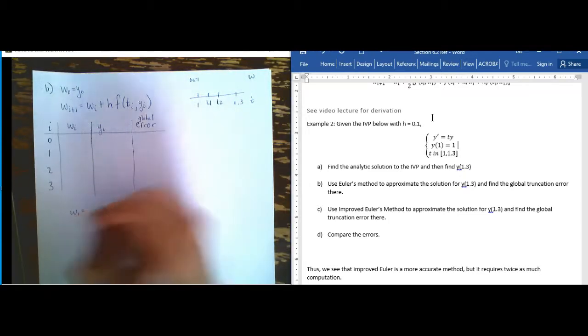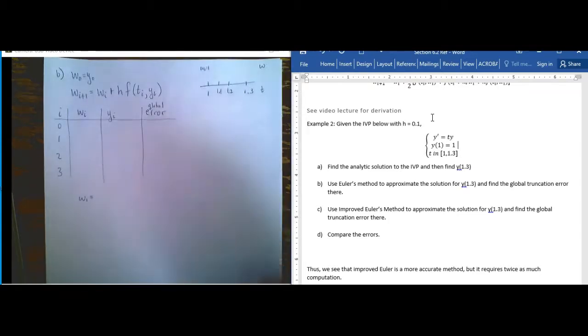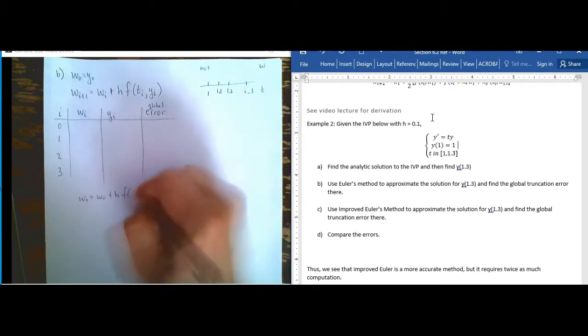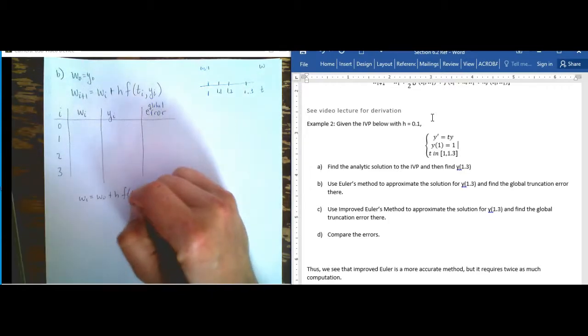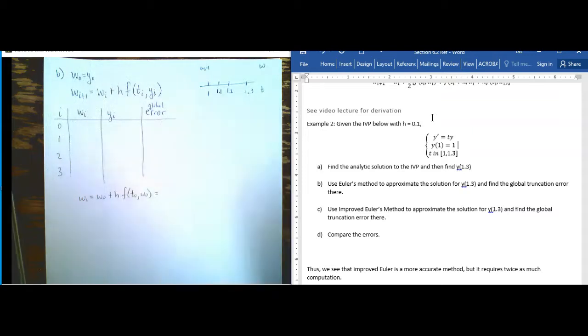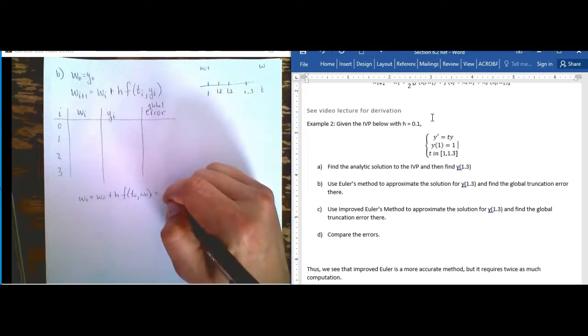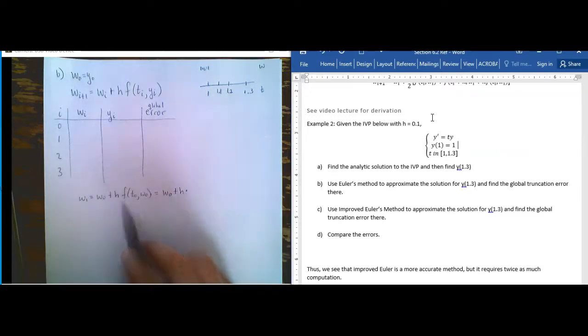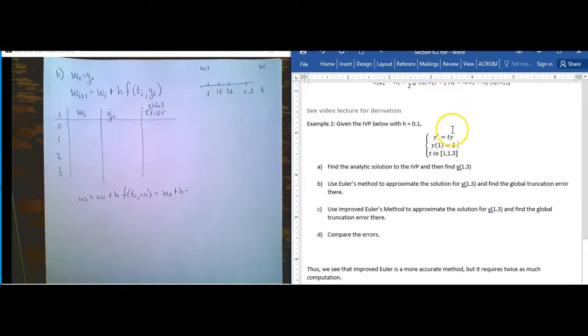So w1 would be w0 plus h times f of t0, w0. In this case, it would be w0 plus h times, well, what is f? f is t times y, right?